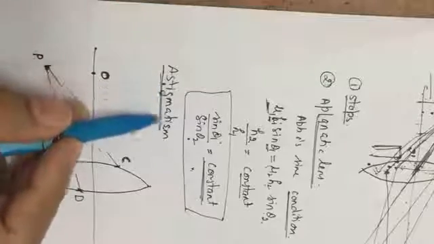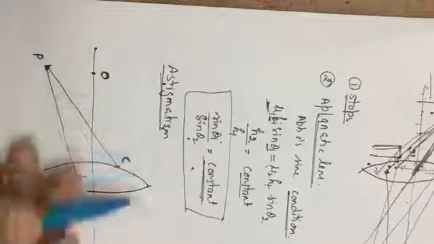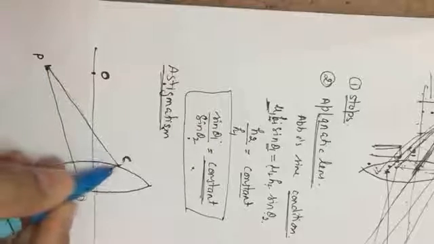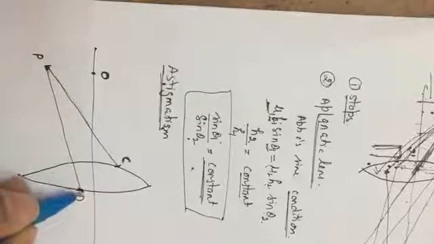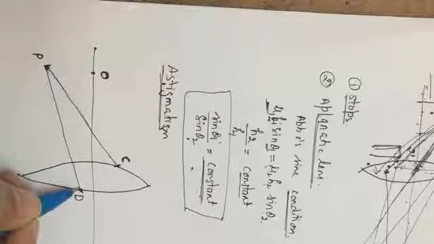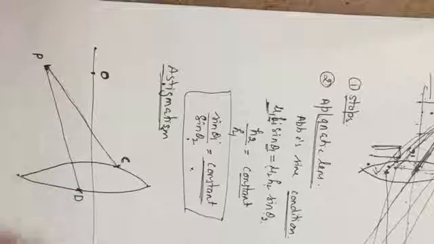This is the reason for the astigmatism aberration. Due to the incident light falling on different points of the lens, we will get different images on the screen.